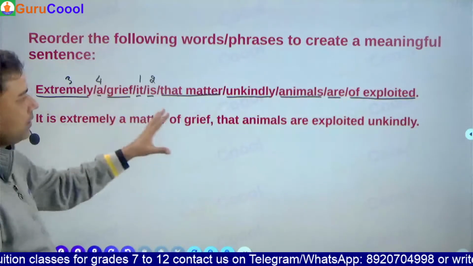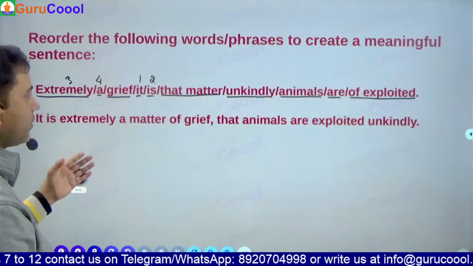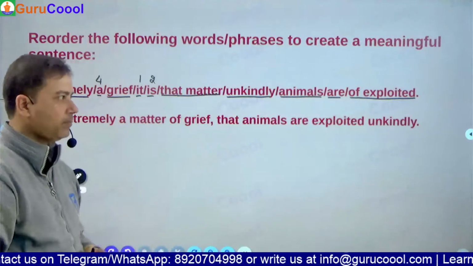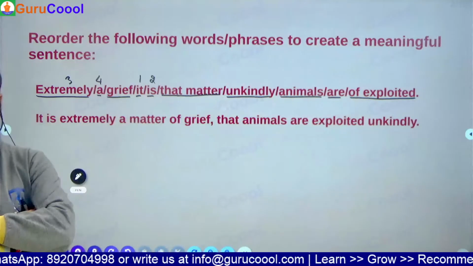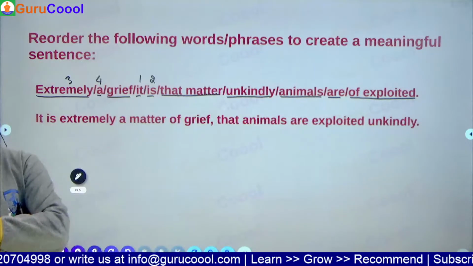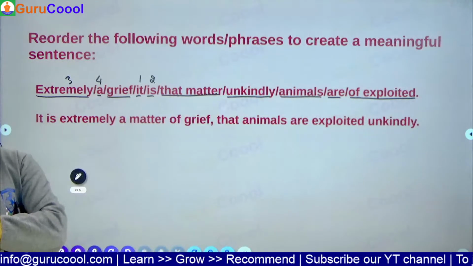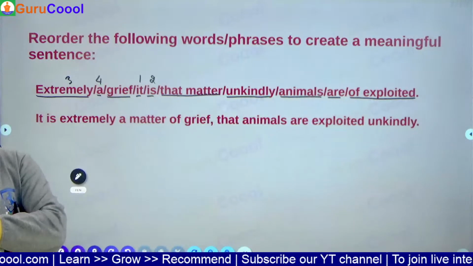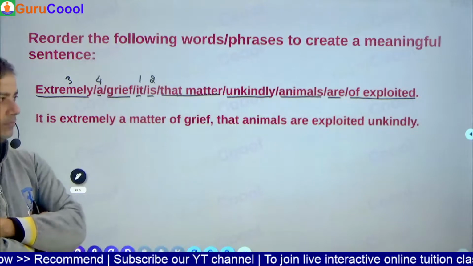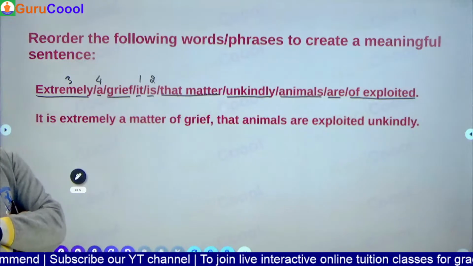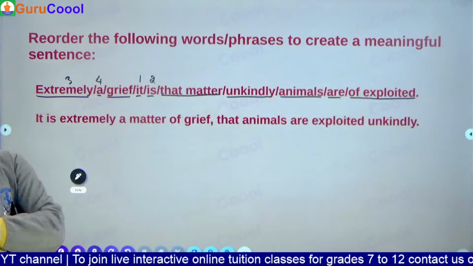So this way it has been reordered. Read it carefully, see it once, then we will move on to the next. Take a few seconds. Done?